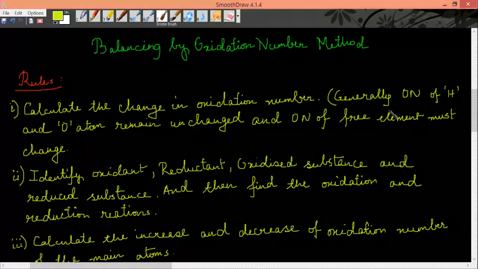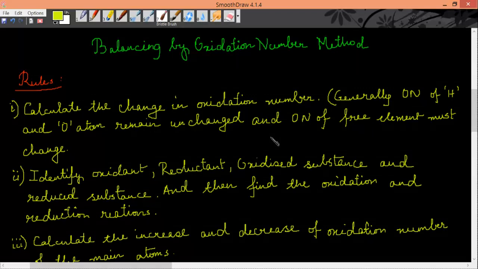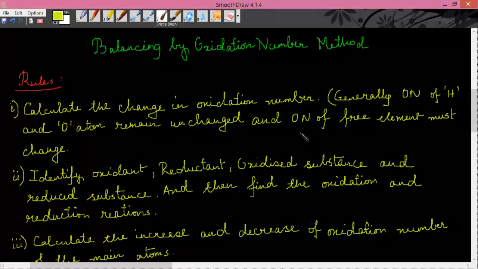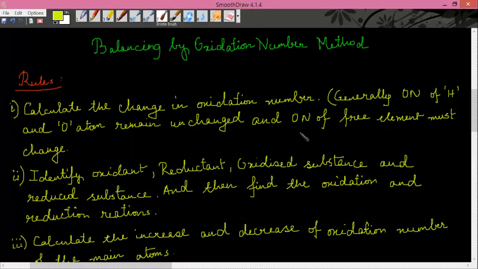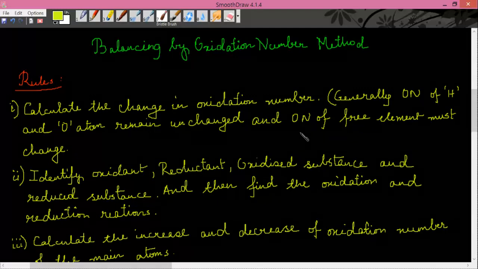And just keep in mind that the oxidation numbers of hydrogen and oxygen atoms remain unchanged during the reaction, and the oxidation number of any free element must change after the reaction.